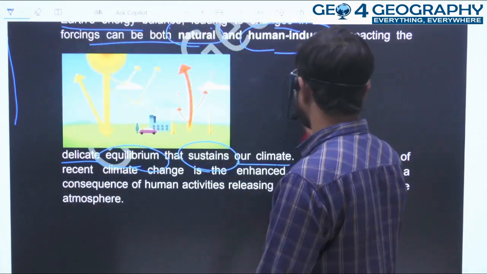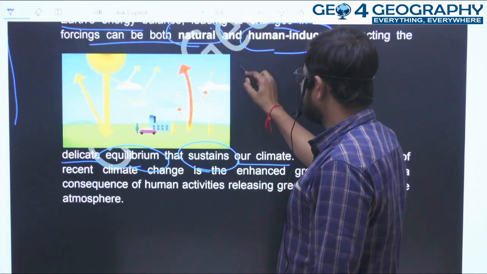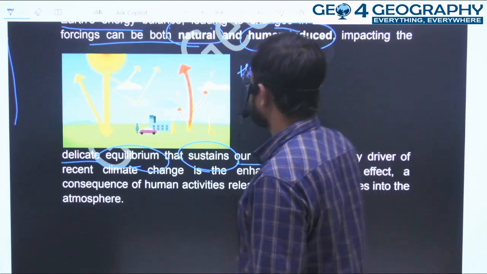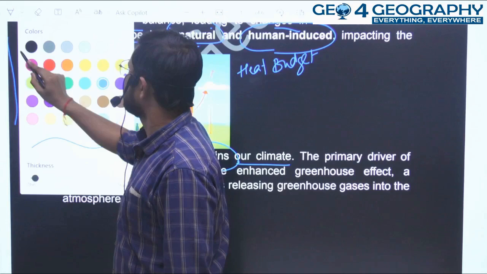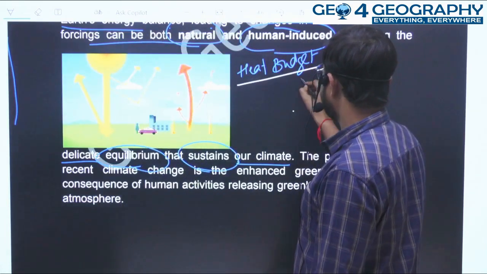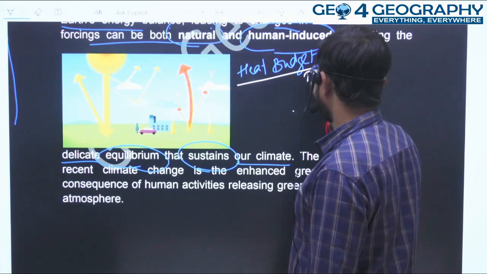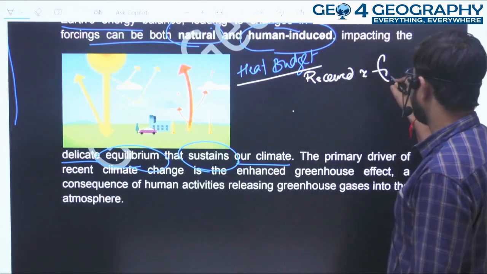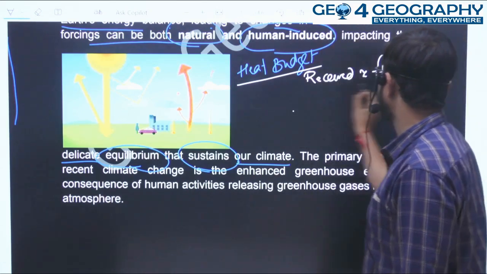See, अब Earth, basically you guys must be aware about heat budget, and heat budget is simply the phenomenon where the energy received by the Earth's surface is somehow tried to be balanced by means of emission, है ना?